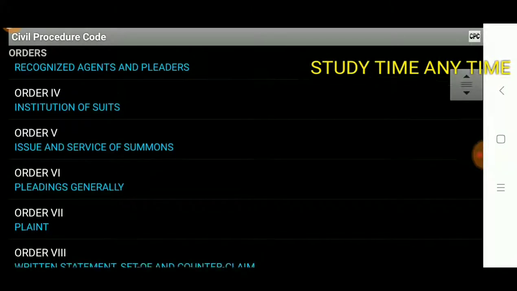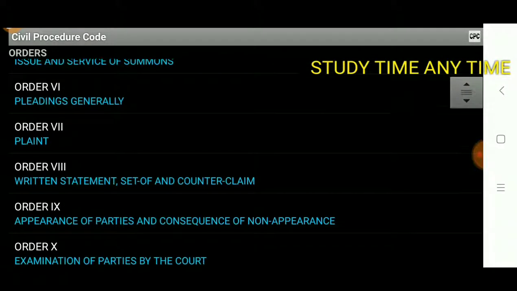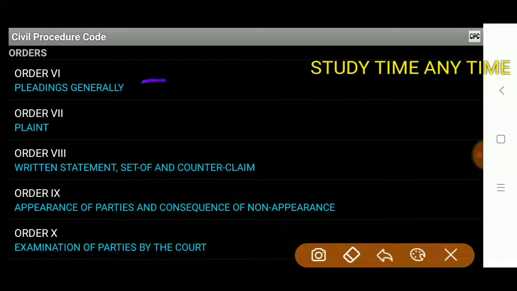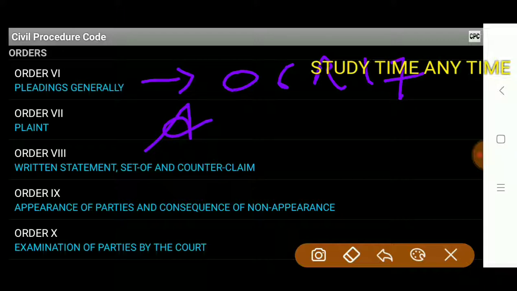From 5, now we come to next 5, that is pleading generally. Pleading generally has further rules and sub rules that deal with how the pleading should be, how it may be written, what are the different options. Like the very famous one that is mostly asked in the exams is order 6 rule 17, that is amendment in the plaint.